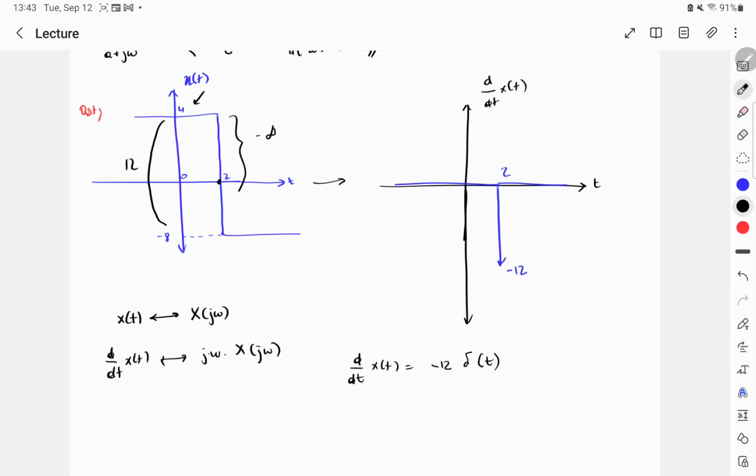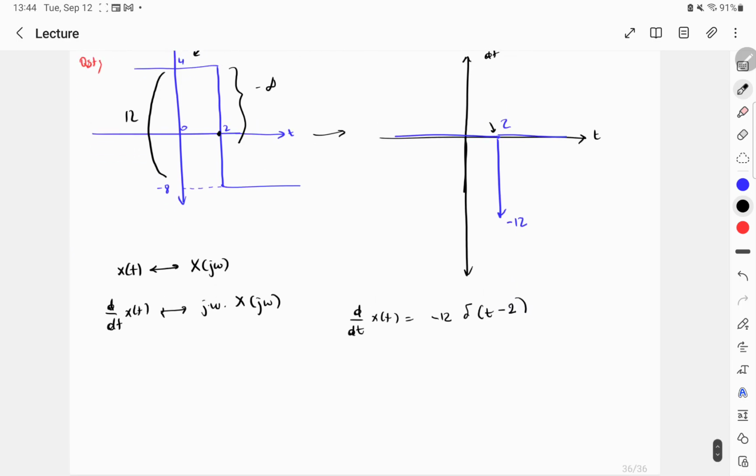If I were to write it like this, it would be wrong, because delta does not have the value minus 12 at 0, but it takes this value at 2. So I would be required to shift it by 2 so that our graph becomes correct.